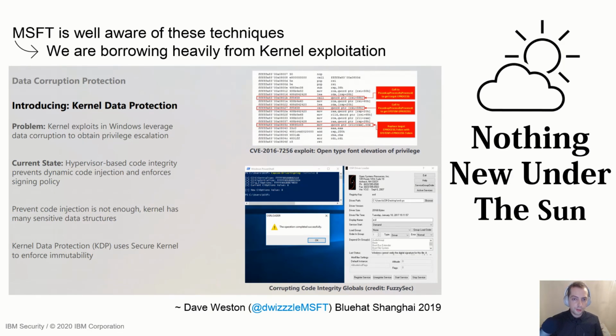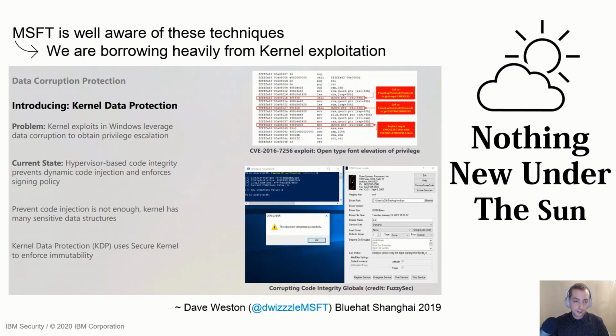So Microsoft is well aware of these techniques. The reason for that is that we are borrowing heavily from kernel exploitation primitives. So this is in no way new information that I'm sharing here, just applying the techniques that exist publicly already.